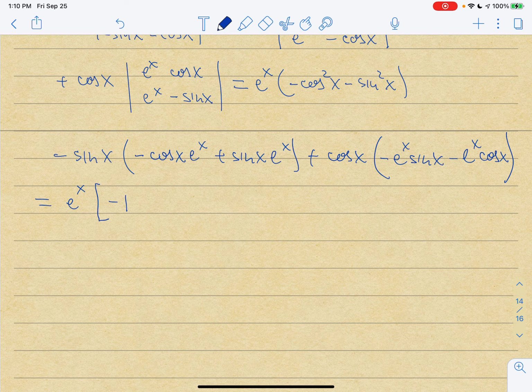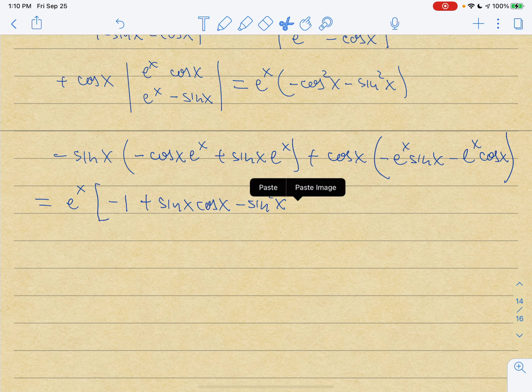All right, and then we have minus sine x times this difference. So that should be plus sine x cosine x minus sine square of x for the first parenthesis. And for the second, I have two products, one like this, and one is like that.